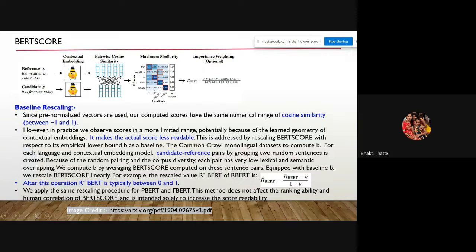Doing so will not affect the ranking ability or human correlation of BERT score; we are only doing it to increase the readability of the score. This is the formula for RBERT: cap RBERT is equal to RBERT minus B, upon 1 minus B. In a similar way, the precision and F are calculated for the baselining.